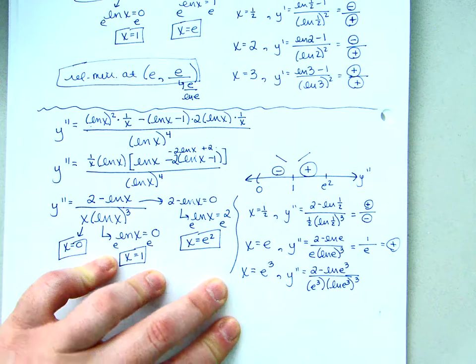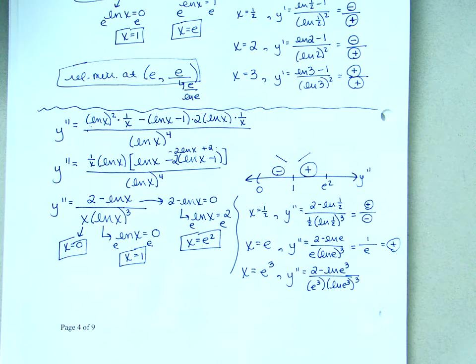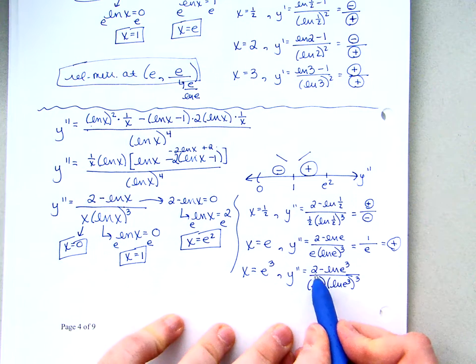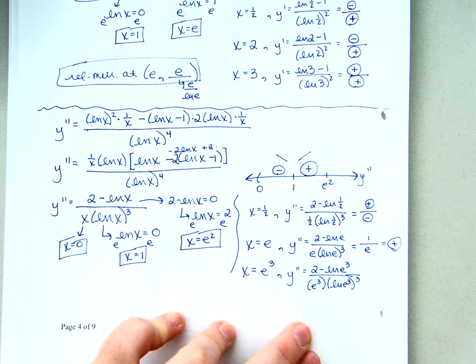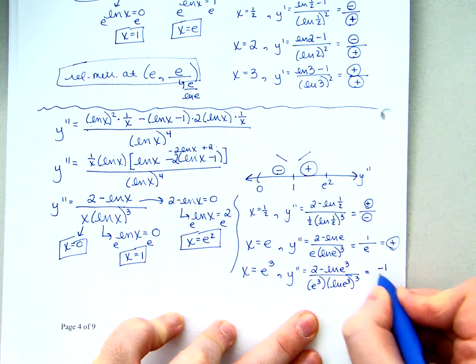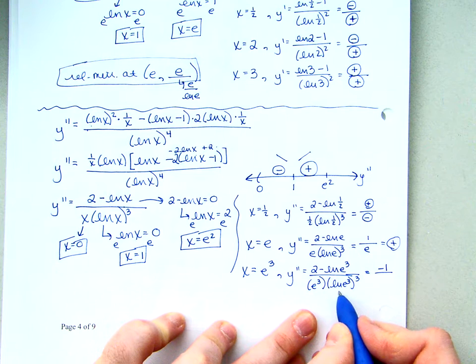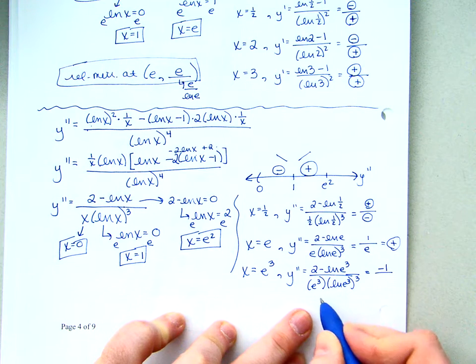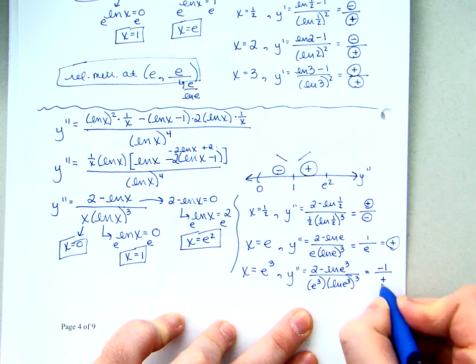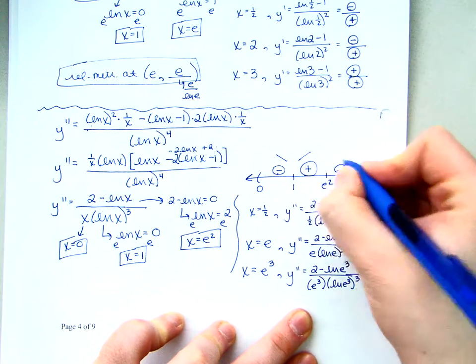What is the natural log of e cubed? 3 natural log of e. What's the natural log of e? 1. So this is really just 2 minus 3. That's why I chose e cubed. 2 minus 3, just negative 1. Natural log of e cubed, again, is 3. Cubed is something positive times e cubed, still something positive. It's going to be negative.